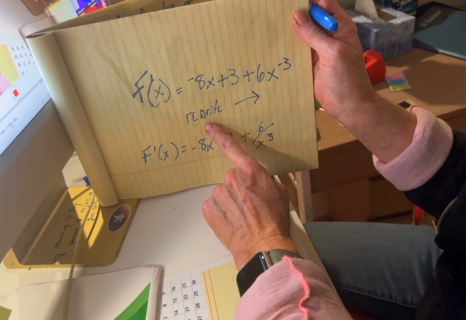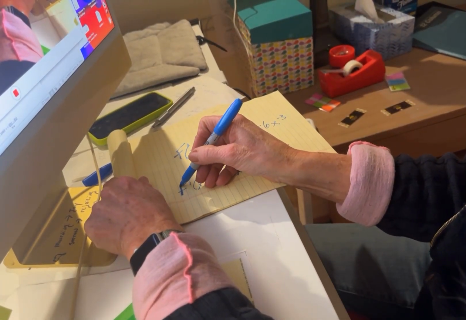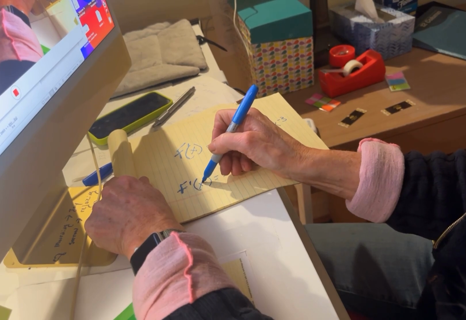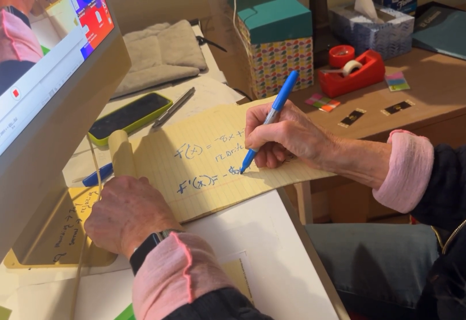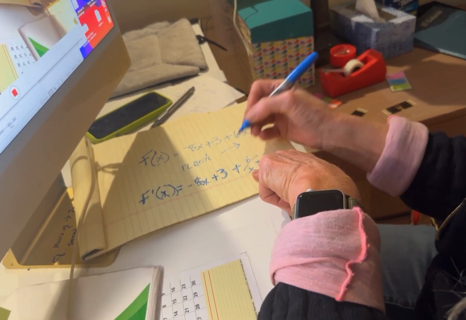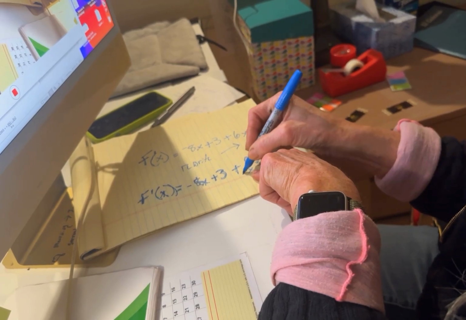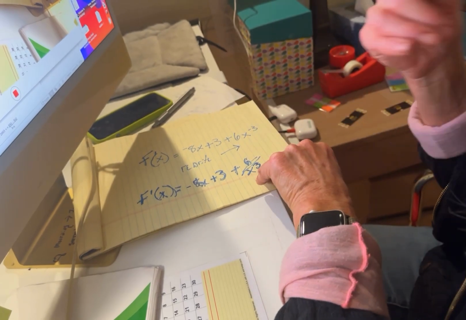Now, if we want to rewrite this, f prime equals negative 8x plus 3 plus, we get rid of the negative in the exponent, so it's 6 over x cubed.